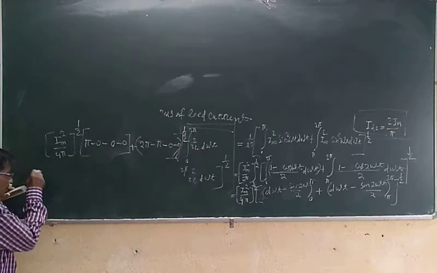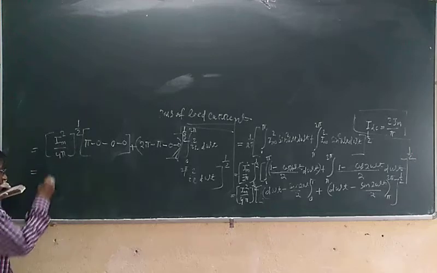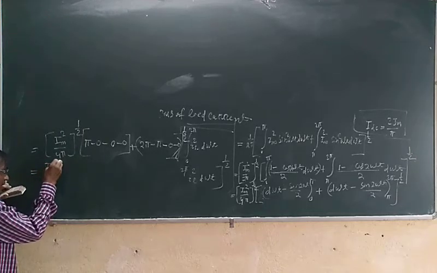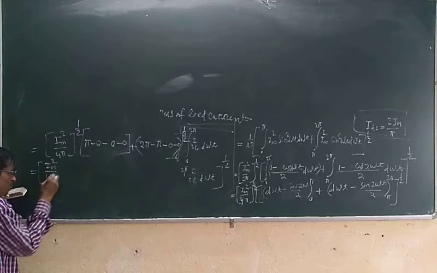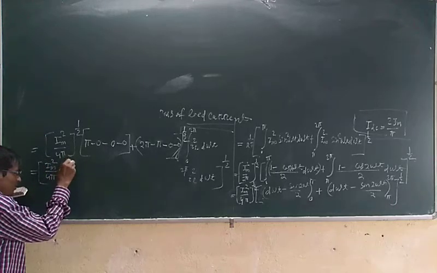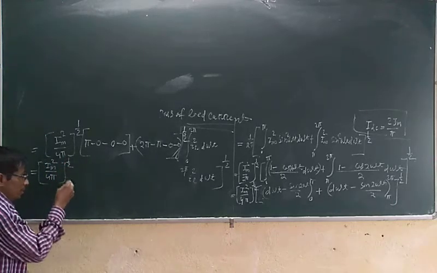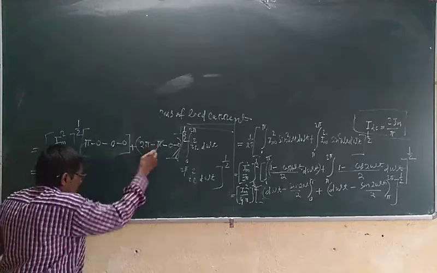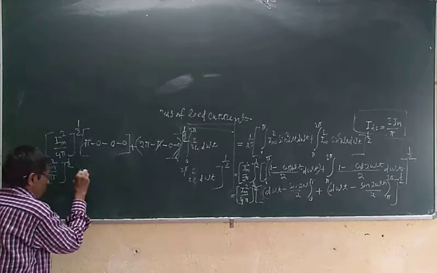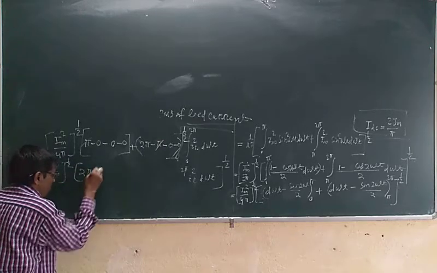Again Im square by 4 pi under root 1 by 2. Here minus pi, here plus pi, then cancel. Then 2 pi, this is the 2 pi under root 1 by 2.